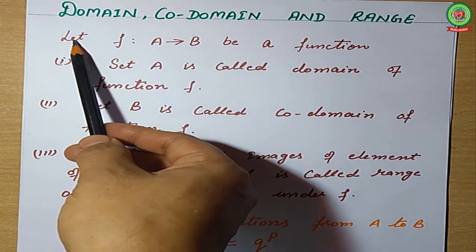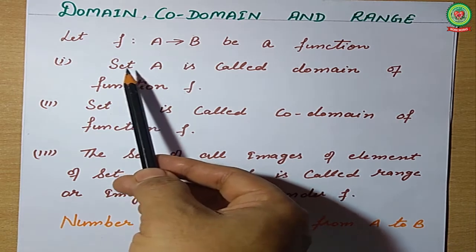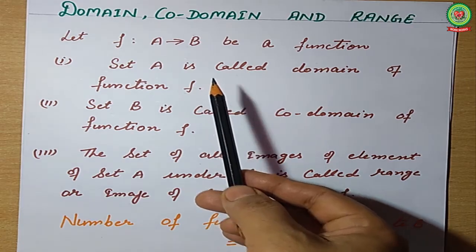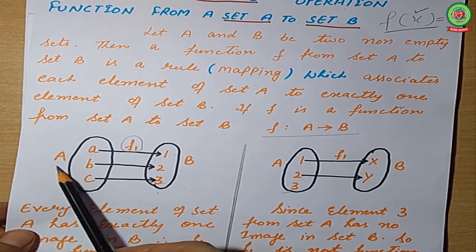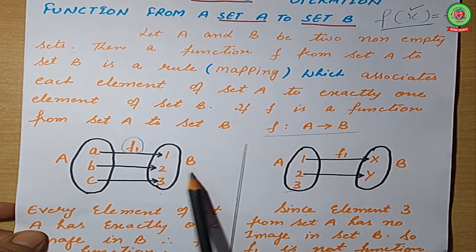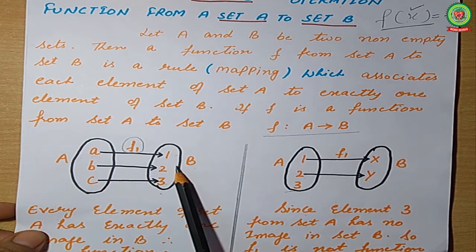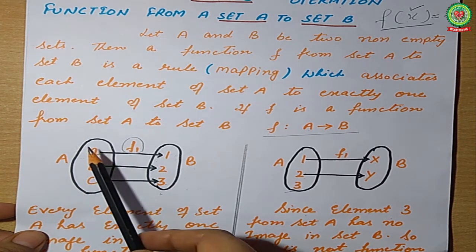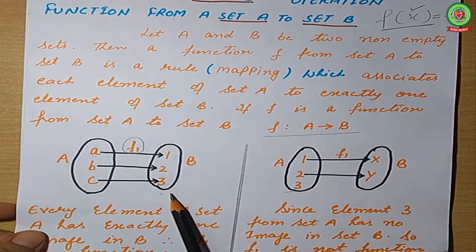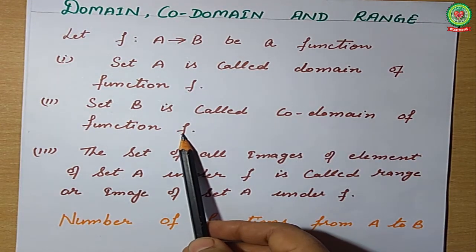If we are talking about the function from set A to set B, set A elements are called the domain of function f. Set A elements are a, b, c and set B elements are 1, 2 and 3. So set A elements are the domain, and set B elements are the codomain. Set B is called the codomain of function f.